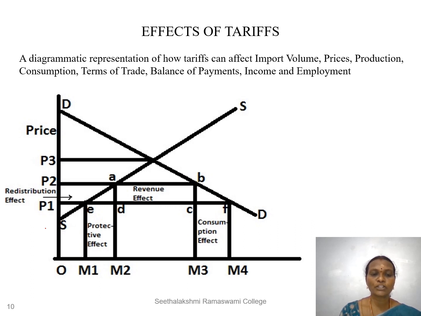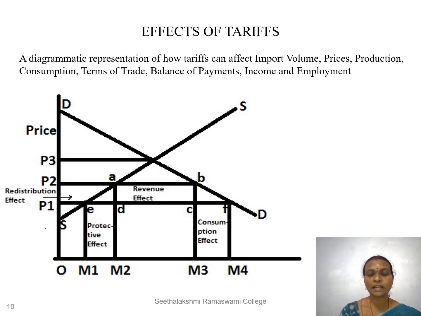The total production has been increased from OM1 to OM2, so this much area of production is increased. This is called the protective effect, because the domestic producers are safeguarded, or protected, by the import substitution method. They are able to increase the production with the help of this tariff.